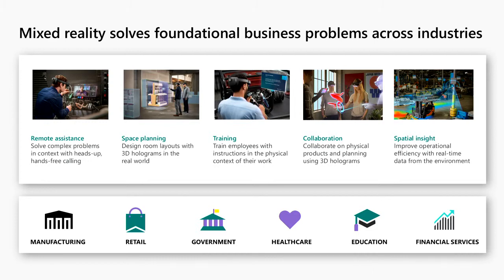That way, perhaps I'm a technician and I can see that everything is operating in the green as I'm walking through the plant, or if I need to be looking at particular pieces of equipment. And we see this across all the different environments, whether it's manufacturing, retail, financial services, or education. And we'll talk about that more in a moment.